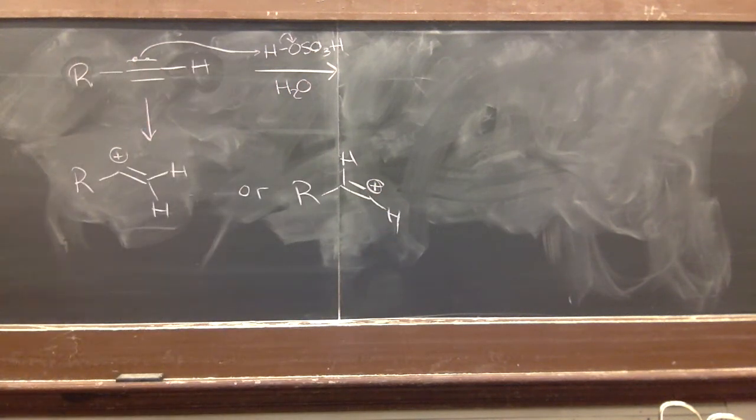If we just think classically for the mechanisms, there are these two possibilities, but we also learned that one of these carbocations is much more stable than the other. So which one of these two is more stable? First one, right? It's more substituted. More substituted carbocations are more stable.